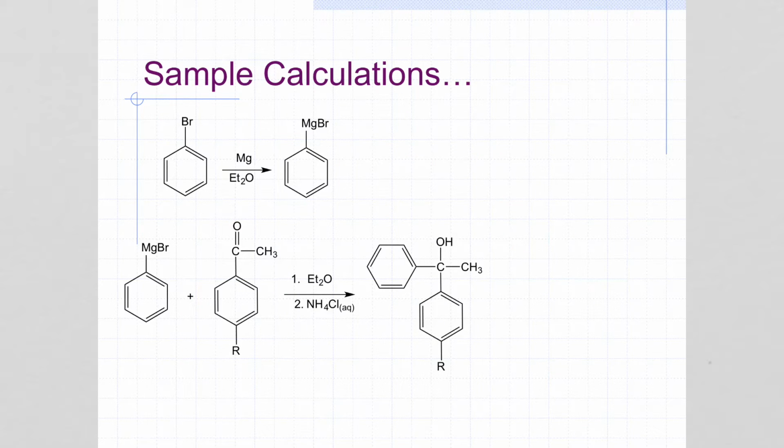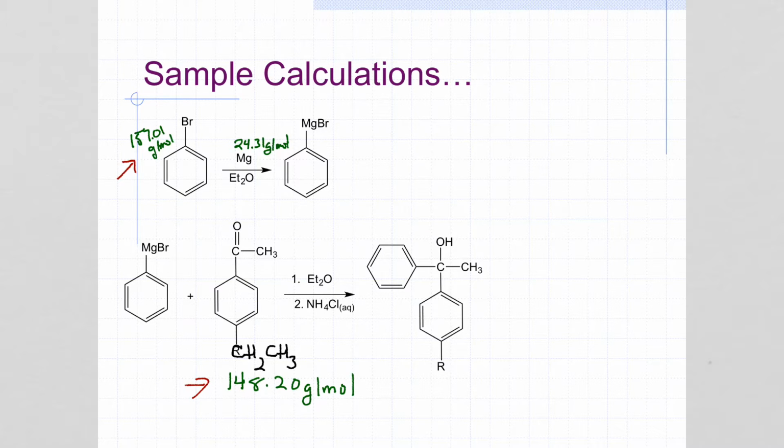Alright, so let's do some stoichiometric calculations, assuming that last week you had started with ethylbenzene, and so you ended up with this ketone, and this ketone would have a mass of 148.2 grams per mole. The other masses that we're going to need to do the calculations are 157.01 grams per mole for bromobenzene, and finally 24.31 grams per mole for magnesium.